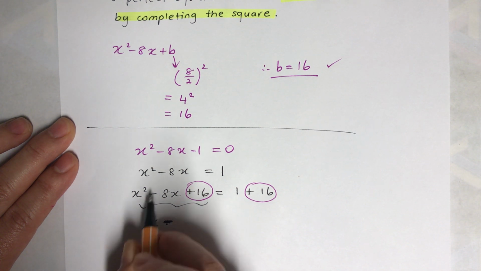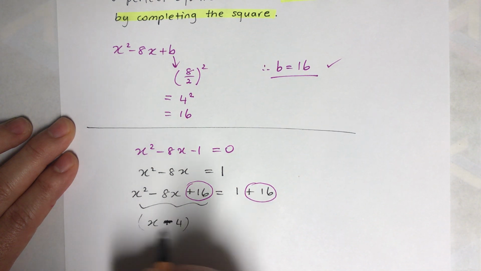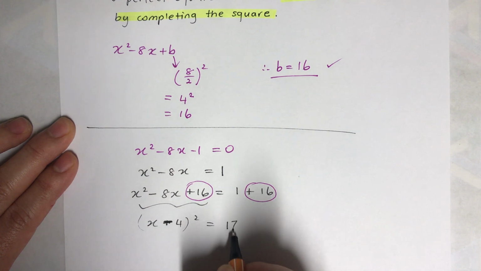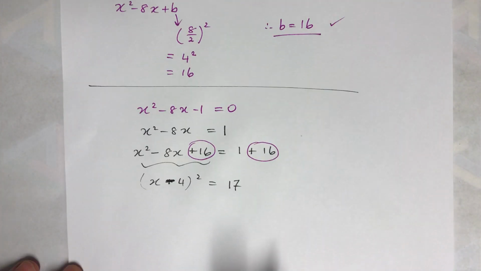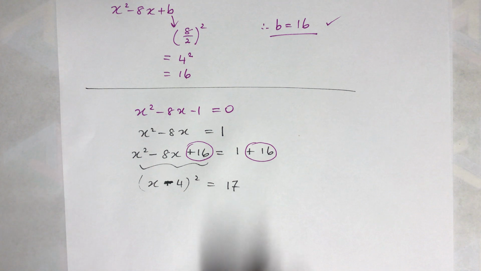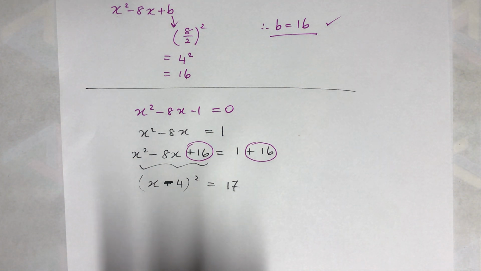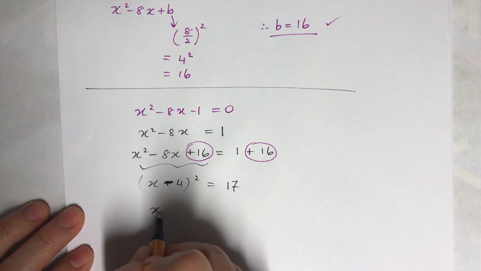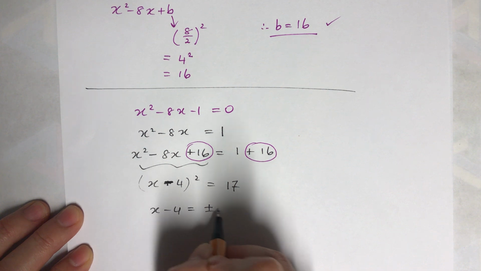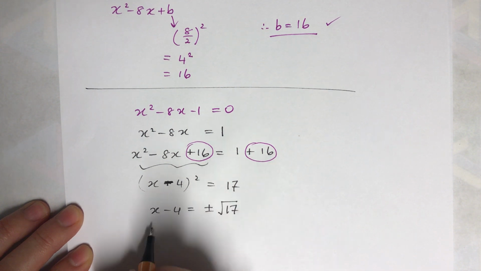So that is my perfect square. Oops, minus, because that's x minus 4 squared equals 17. Okay, so then I'm going to have to solve it. I want x equals something, so x minus 4 equals plus or minus square root of 17.